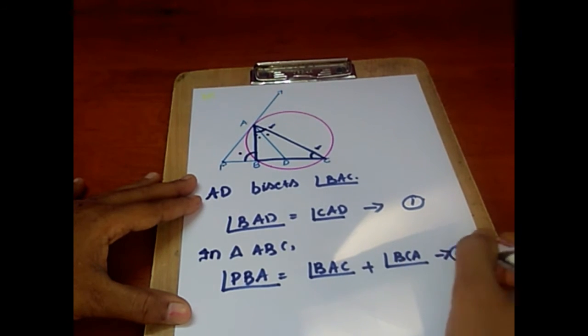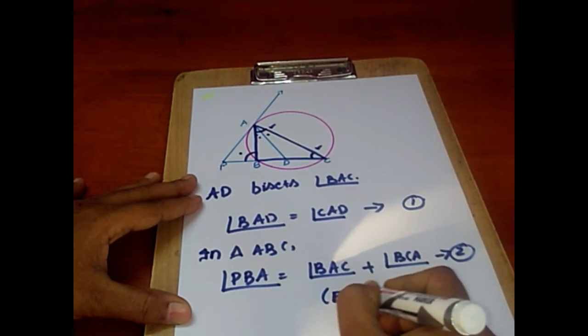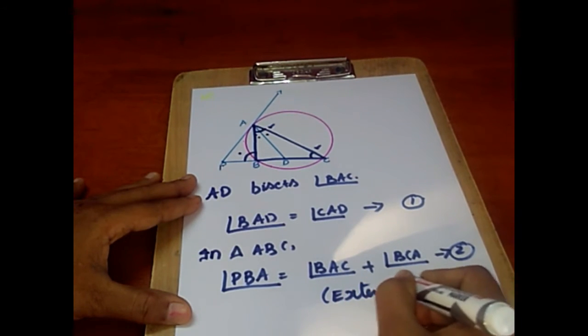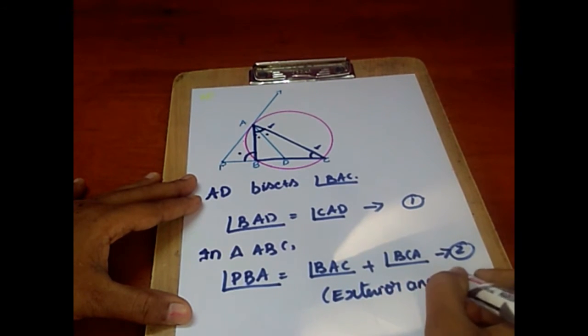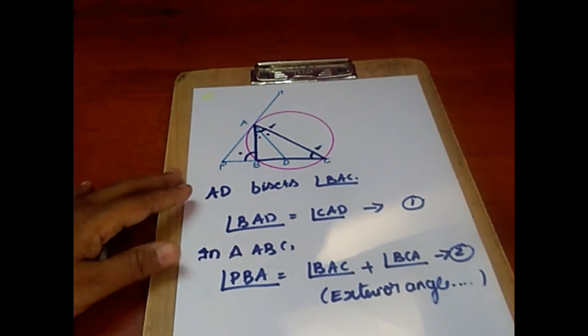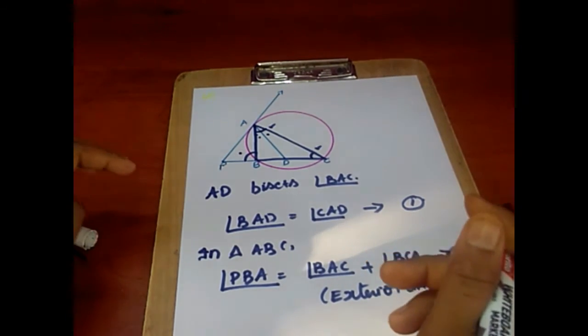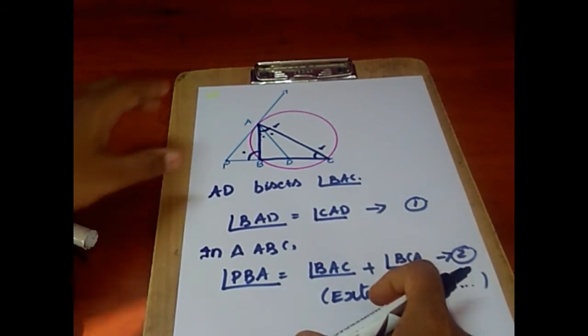Result number 2. Reason: exterior angle of a triangle is equal to sum of two interior opposite angles.